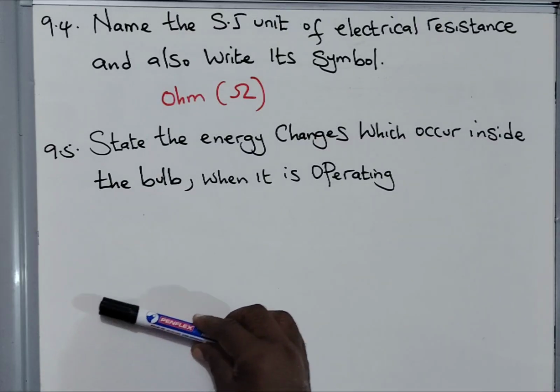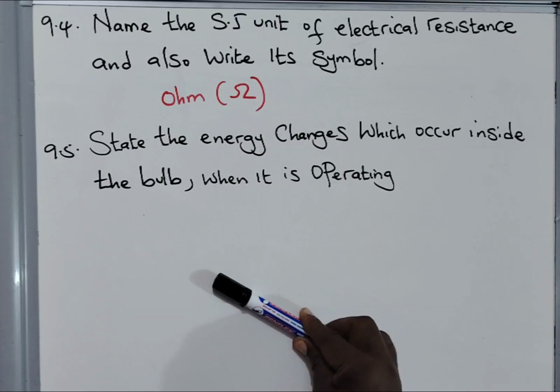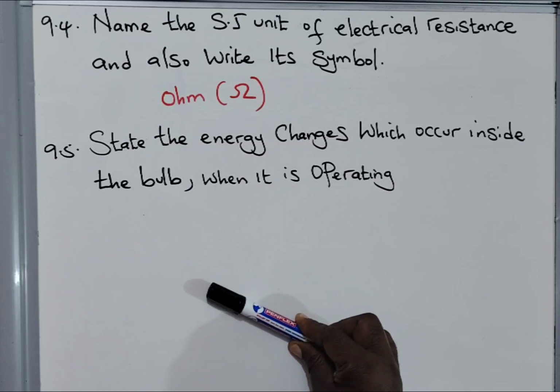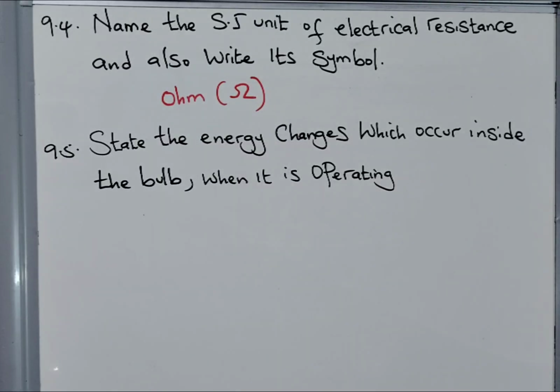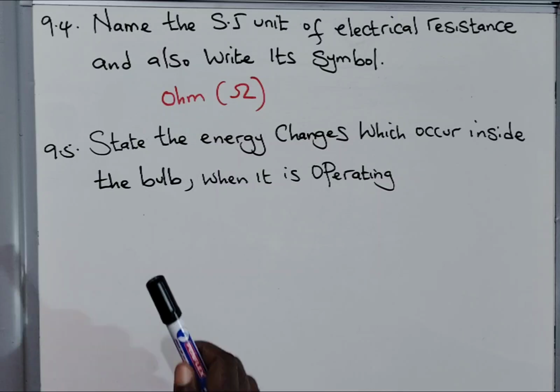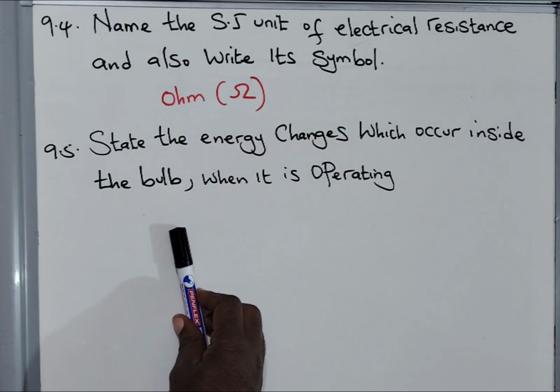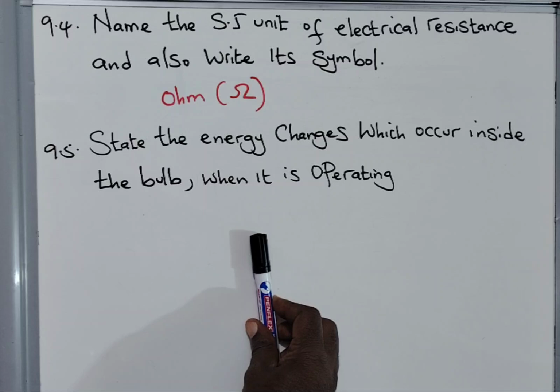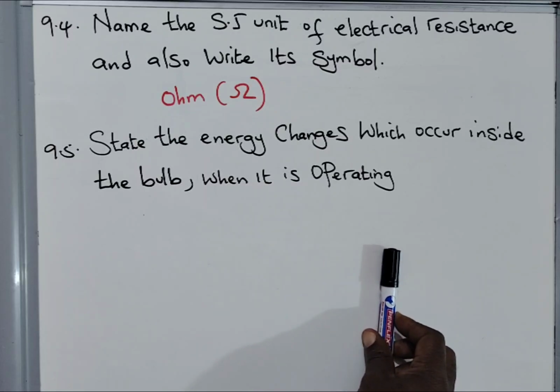What comes inside the bulb is electrical energy, and that electrical energy passes through the filament. The resistance of the filament converts the electrical energy to heat. Then the heat heats up to liberate light. So the changes are from electrical energy to heat, then lastly to light.